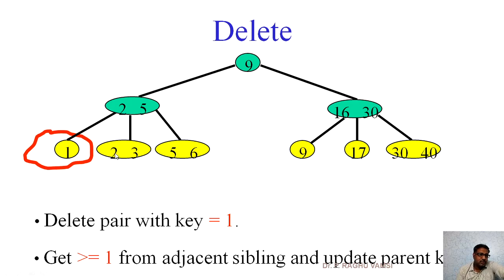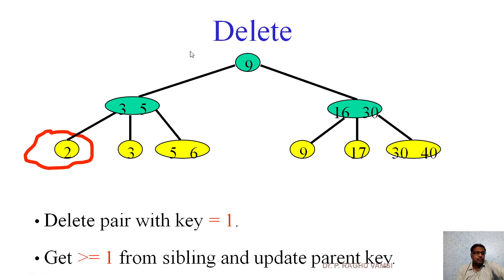So this 2 has to be placed in 1's place, and 3 is the element that should be placed here. So 2 is the element that we got here. So 1 is removed because we have to borrow one data element from the left hand side, so that the entire structure is not disturbed. And 3 will become the parent.